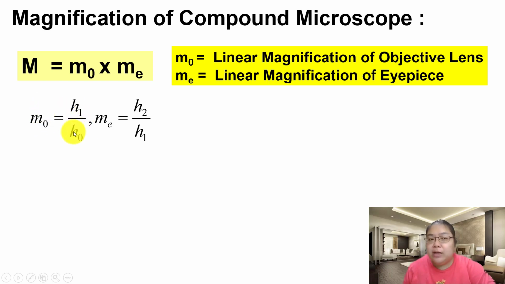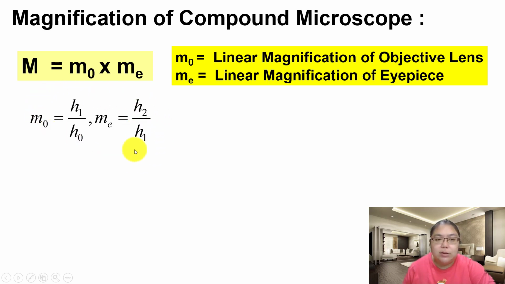Remember that before we learned how to find magnification: image height over object height. So for the objective, it is the first image height over the object height. ME is for the eyepiece. The eyepiece takes the first image as its object, so that's why we take H2: the second image over the first image.